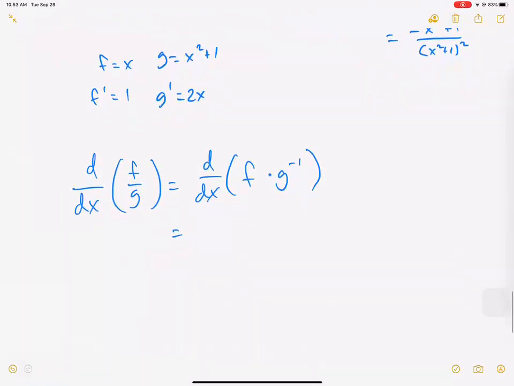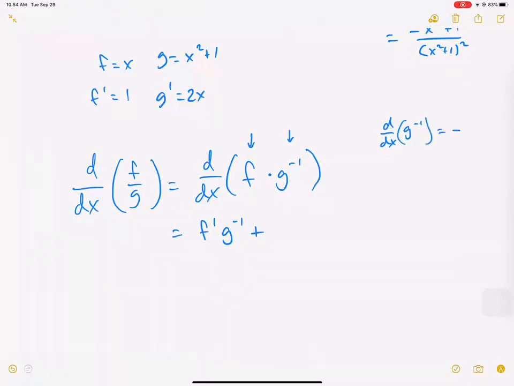But we're going to work on it right now so we can show you guys that this is the same thing. So if this was a product rule, who do we take a derivative of first? We take a derivative of f, right? F prime, leave g alone. Everyone see what it did there? Take the derivative of f, call it f prime, leave g alone. Leave the back alone. Plus, okay, what's the derivative of g inverse? Oh, not g inverse. G to the negative 1 power.